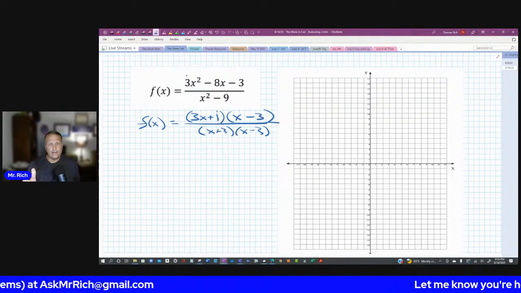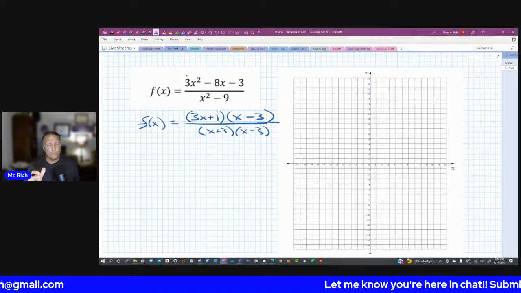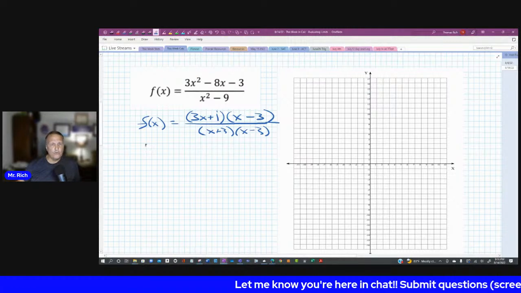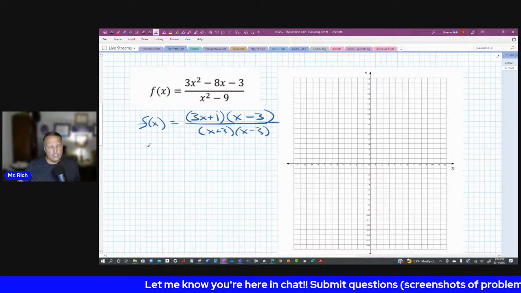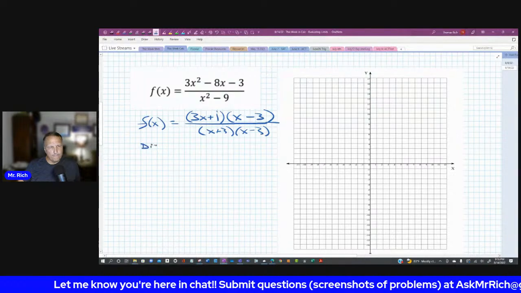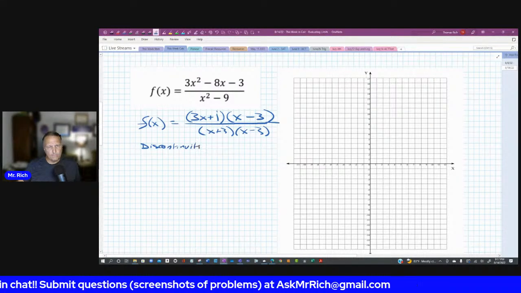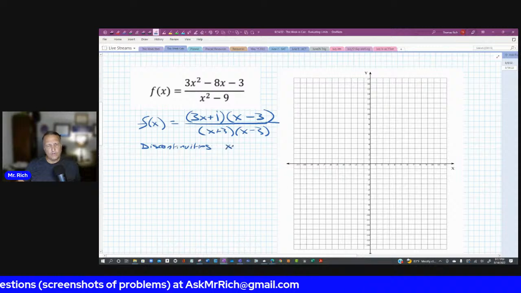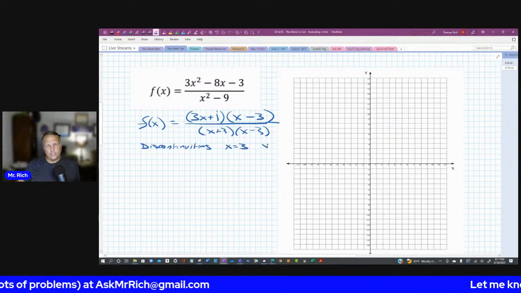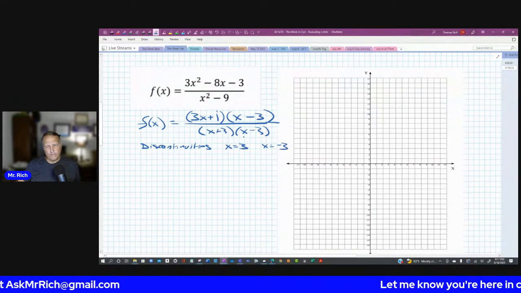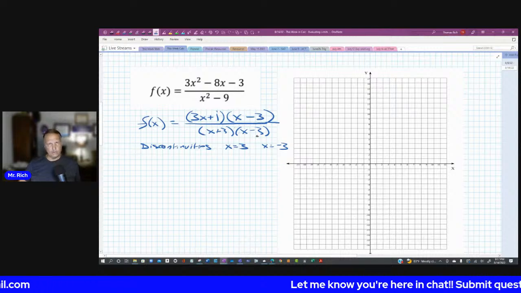Now, what that allows me to do is, first of all, to see where my discontinuities are. So I know that I have discontinuities at x equals 3 and x equals -3, because those are the values that make my denominator 0.